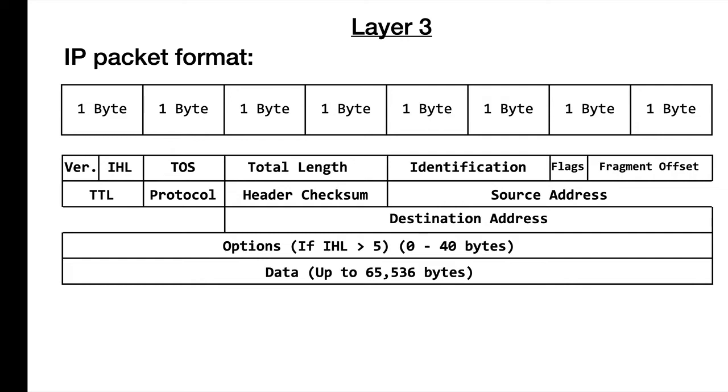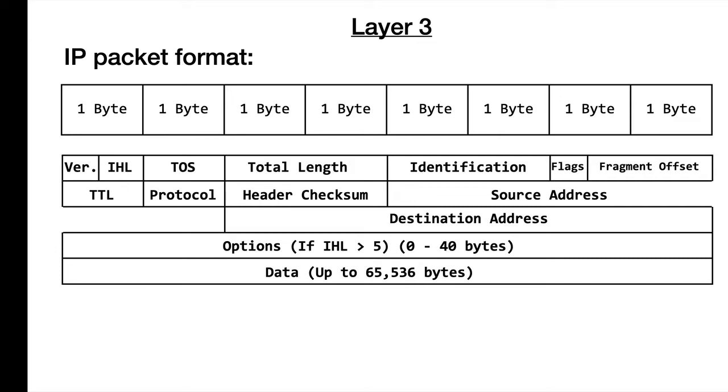We have the version, which is what version of IP do we have, so it will either be 4 or 6. The internet header length is going to be the number of 32-bit or 4-byte words that are in the packet. TOS is type of service.